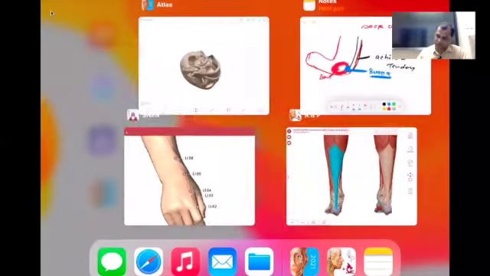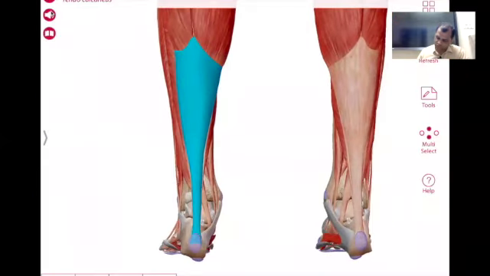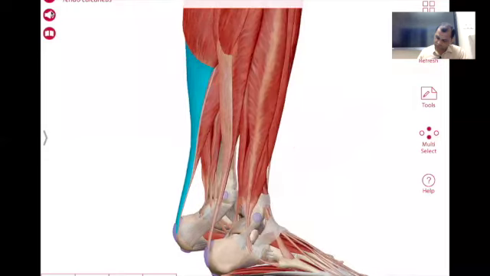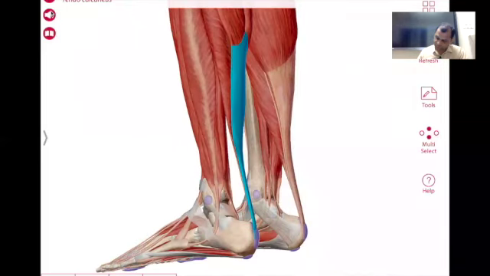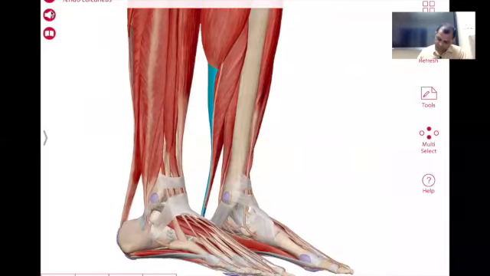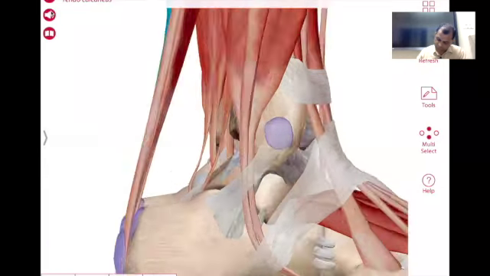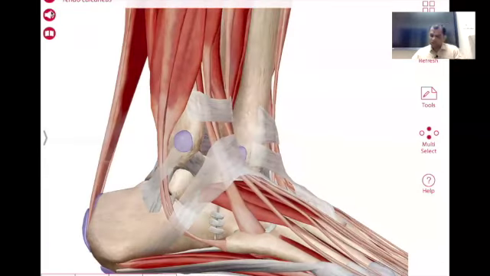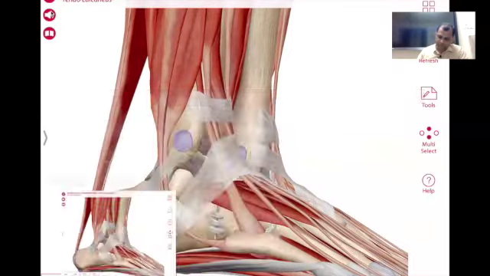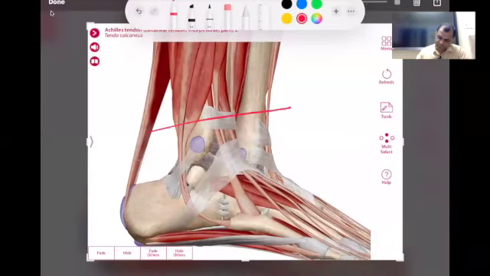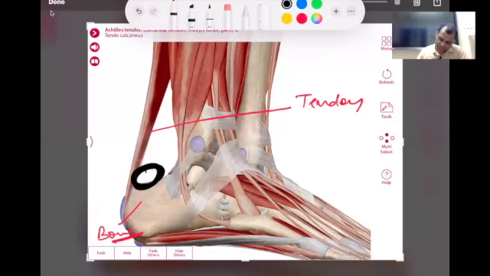Okay, let's see another image. Here, this is the tendon, and this is the bone. Between tendon and bone, we have the bursa, to avoid friction.